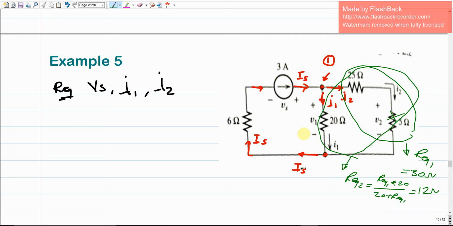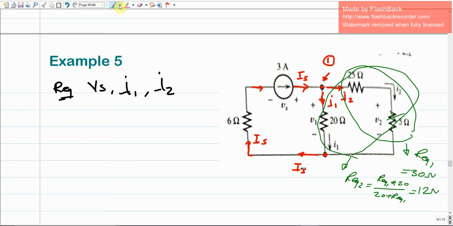Agree? Then now we combine all of these resistances. So simply we can get rid of 2 and just use 1. The current over this one will be just Is, the total current, which should be the same current over the 6 ohms. It means that this R equivalent 2 with the 6 ohms should be in series. And if we combine them, we're going to end up with the simplest form of this electrical circuit.